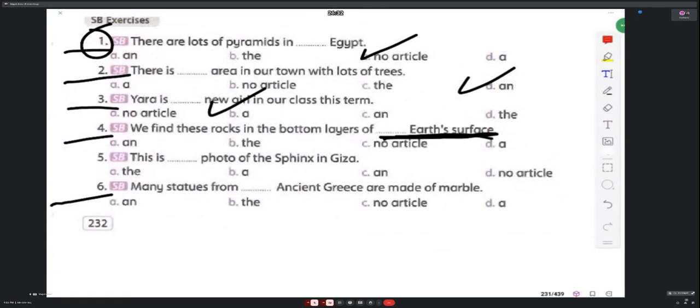This is a photo of the Sphinx in Giza. Many statues from ancient Greece are made of marble. From ancient Greece, no article.